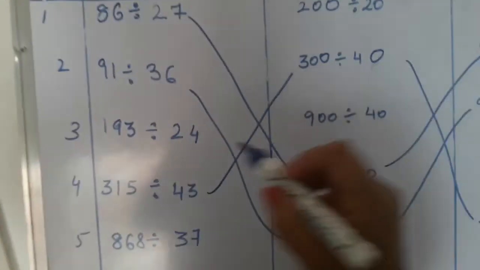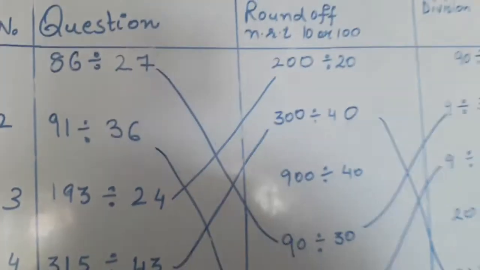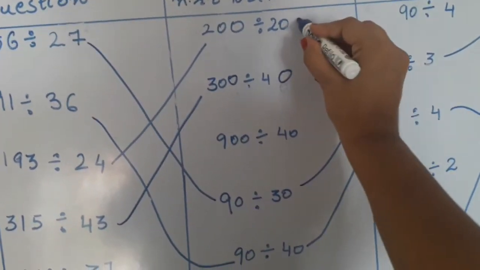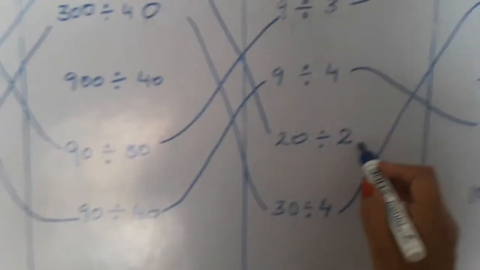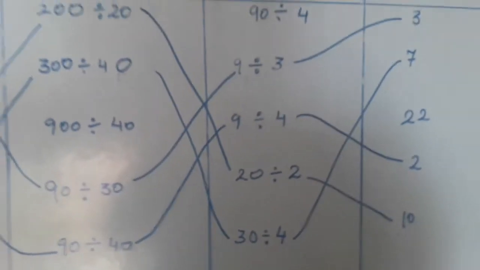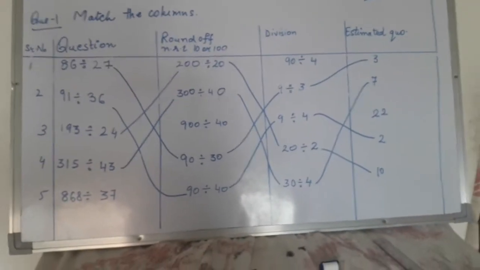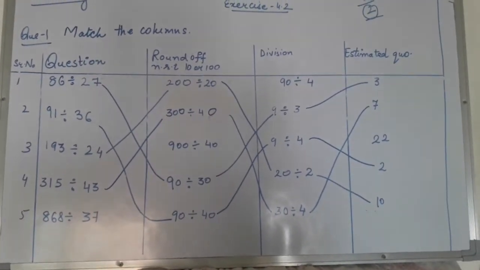So match it like this. 193 matches with this 200 divided by 20, and 200 divided by 20 is matched with 20 divided by 2, and 20 divided by 2 is matched with 10. Clear, students? Do it in a very neat way, beta. Okay, use the scale, you can use the scale also.